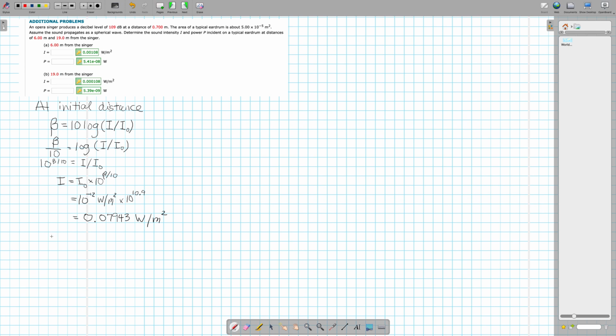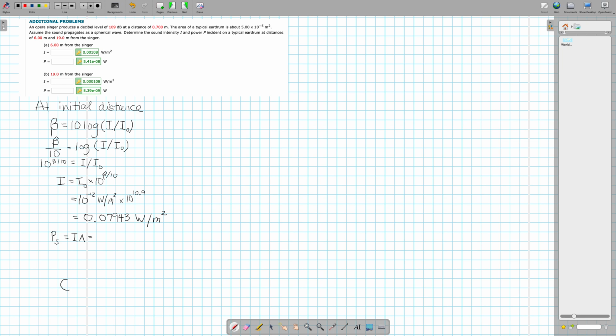Cool. So the power that the singer is outputting, I'll label this P S for the power that the singer is producing, is the intensity times the area. And here we're concerned with the area of a sphere.